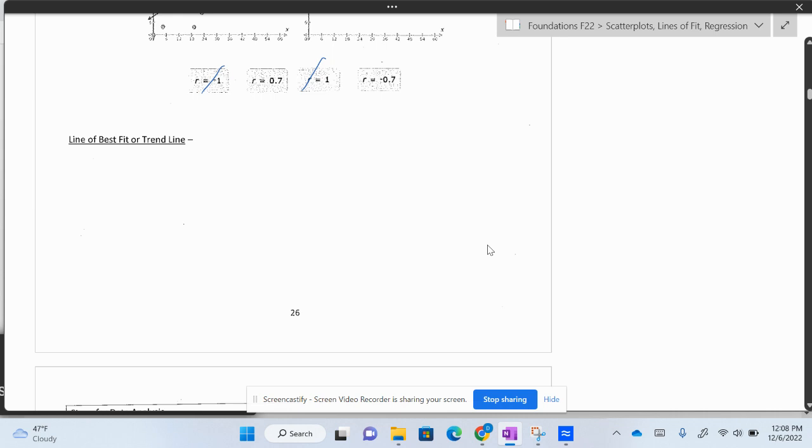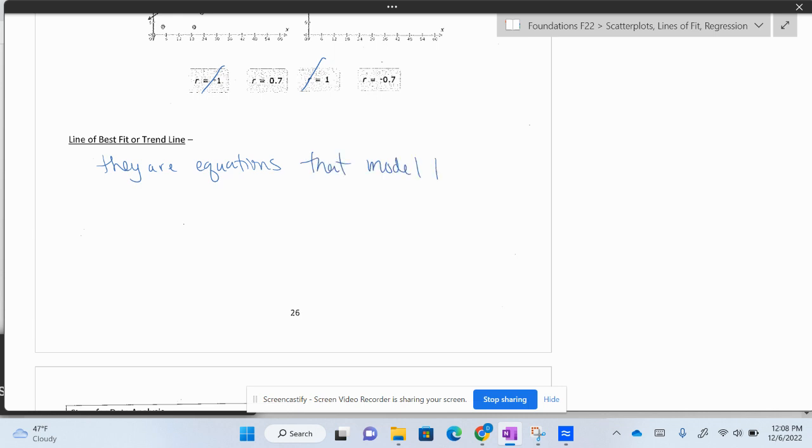Okay, so lines of best fit, trend line. So we call them lines of best fit. And they are just equations that model the data. Okay. They're always written in slope intercept form.